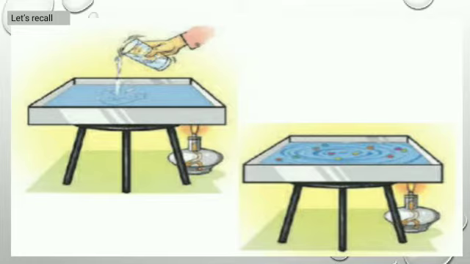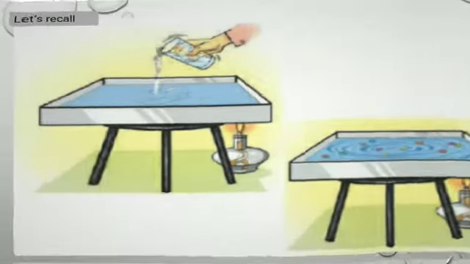After some time, when the temperature goes up, the water starts flowing and the sequins start moving. This is due to the density of water. As the temperature increases, the density of water gets affected and lighter water replaces the heavier water, and that way water flows and the sequins flow with the water.